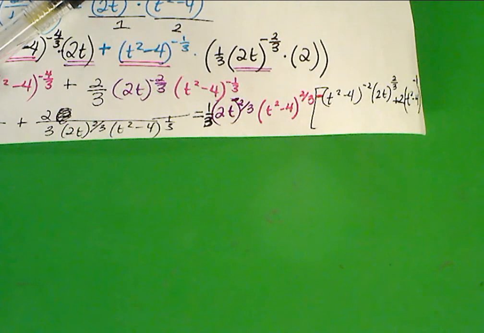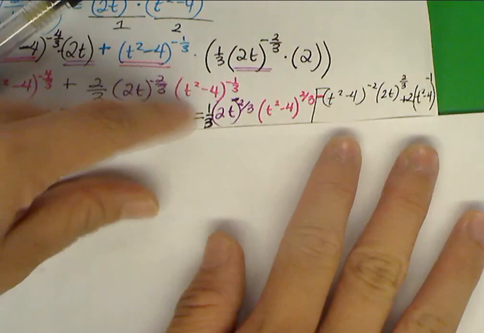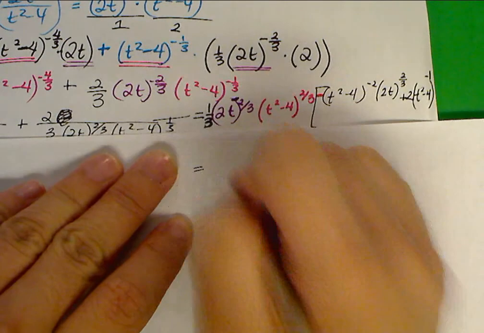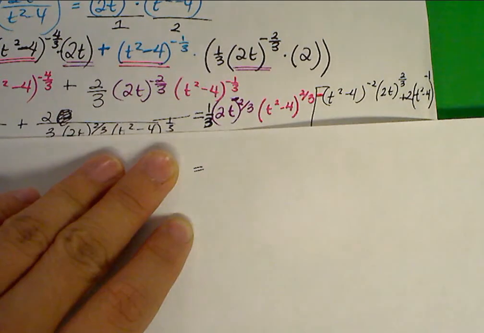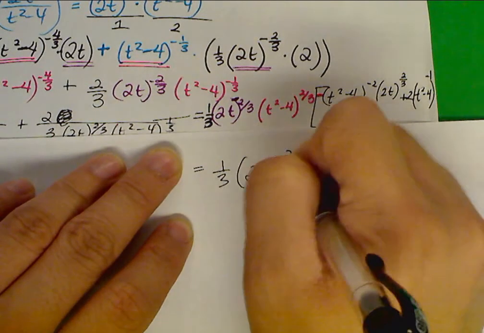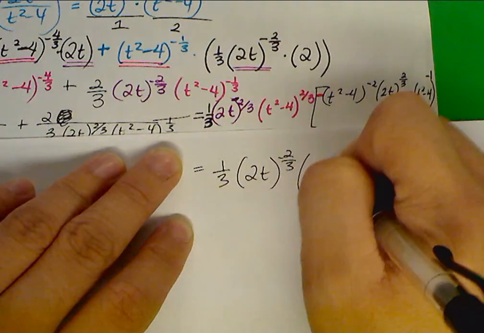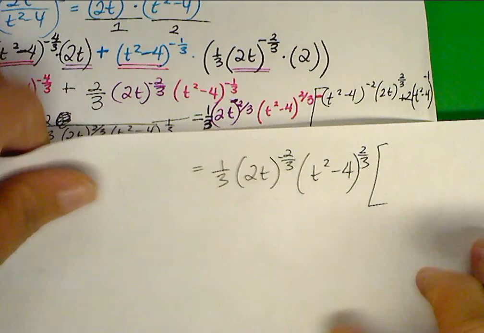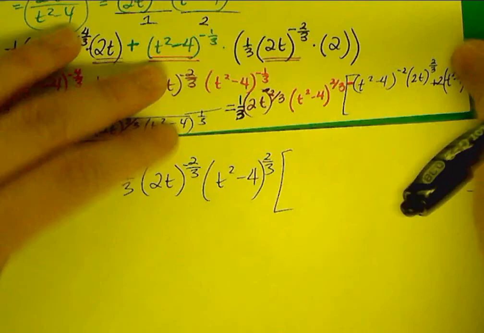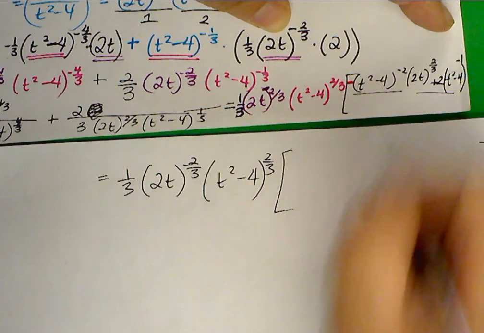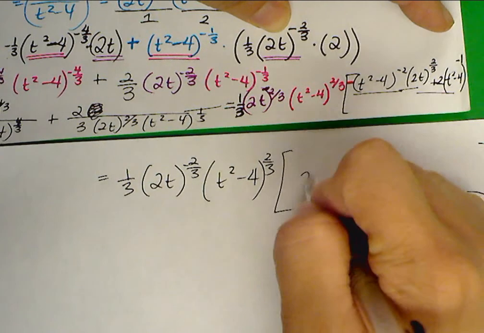Some of you guys are like, OMG. Okay, so then we have 1/3 times 2t to the negative 2/3 times t squared minus 4 to the positive 2/3 times, I'm going to switch the order here. I got lost when she went back to factor out 2t.